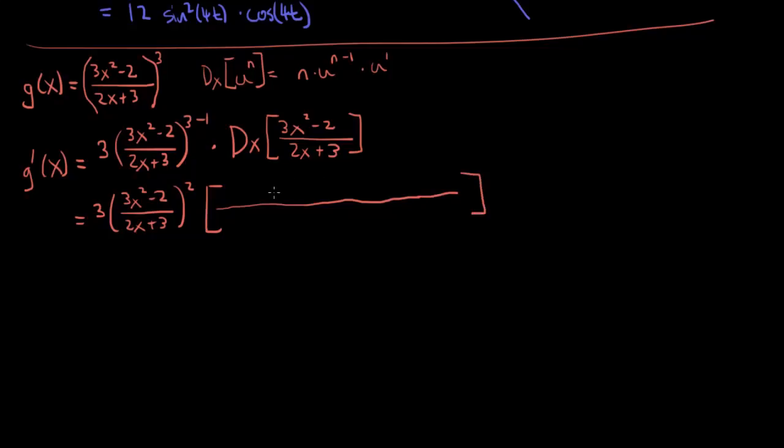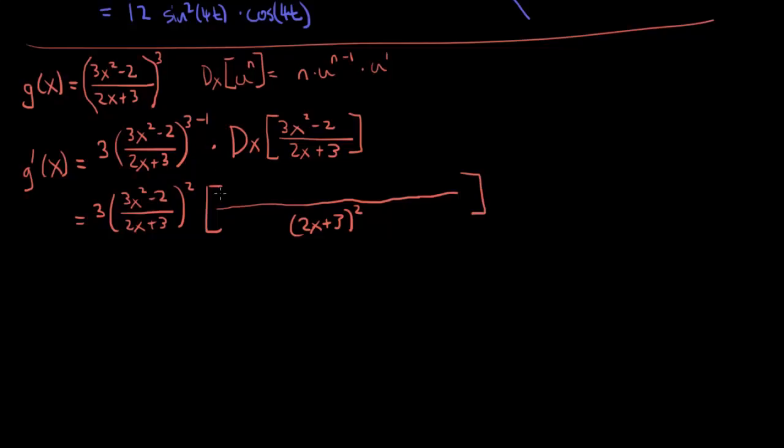Hopefully that's big enough. Now, the first thing you can always do with a quotient rule, so we're just concentrating on this right now, is we know it's going to be the bottom function squared on the bottom. So 2x plus 3 squared. Now let's employ the quotient rule.